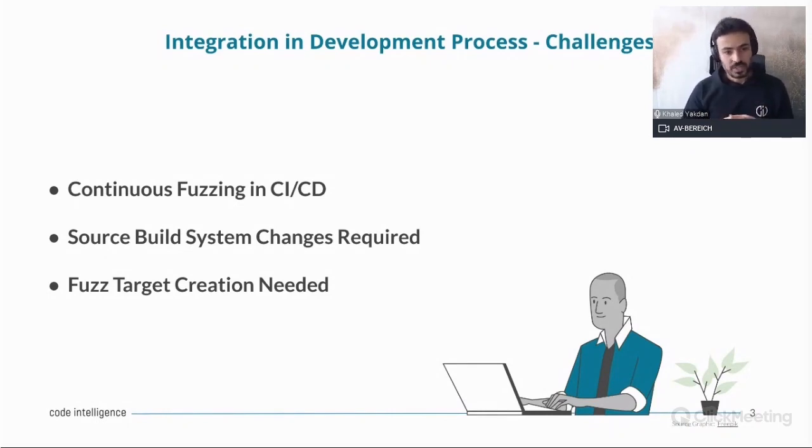The second challenge is the manual changes that you have to make to your build system. As we just saw in Sergey's talk, for coverage-guided fuzzing, you need to instrument the code, and to do this, you need to use some special compilers and some special compiler flags.